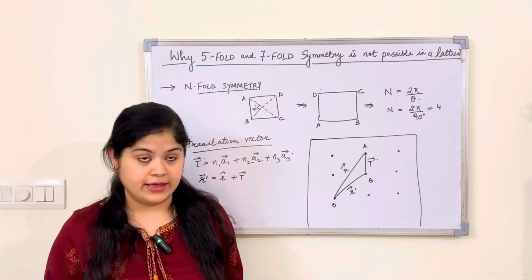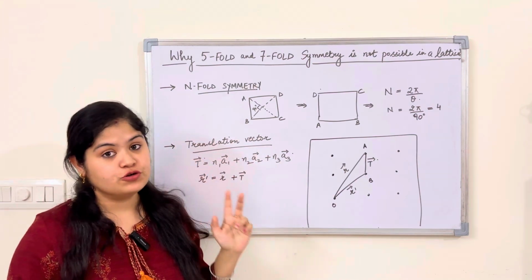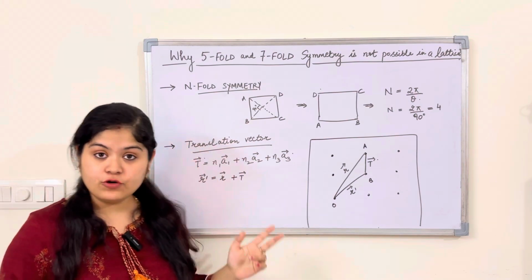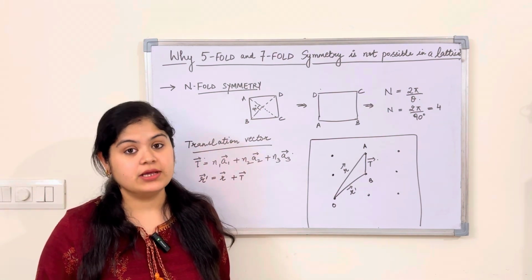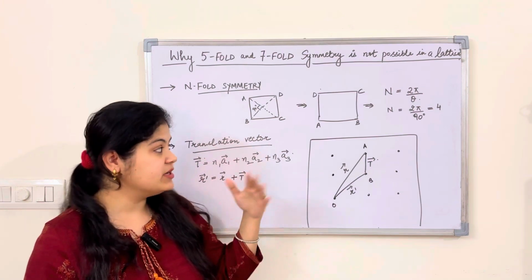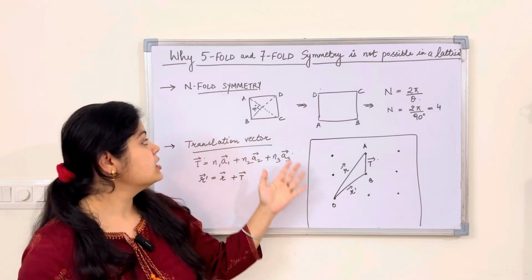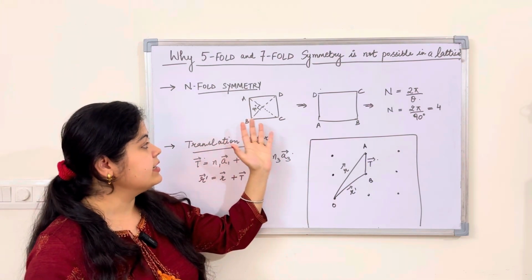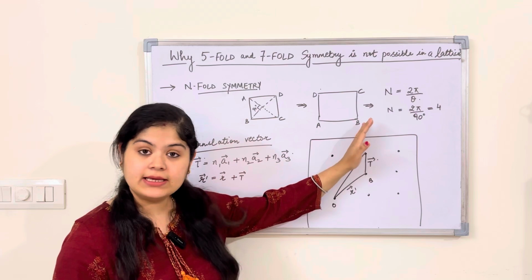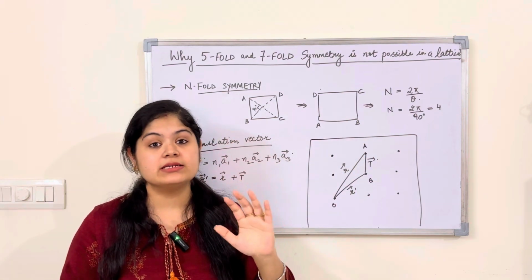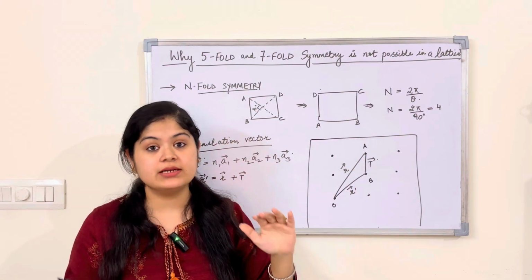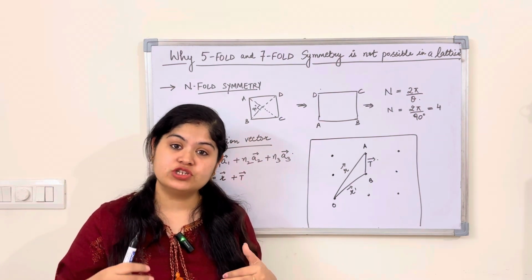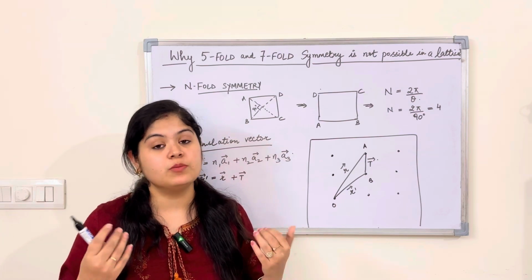We will discuss why. So first of all, you should be familiar with two important concepts. First being n-fold symmetry. What is n-fold symmetry? I explained in my previous video, but I will briefly go through these two topics. Taking the example of a square, n-fold symmetry tells me how many times I should rotate a particular structure so that it comes back to its original position.